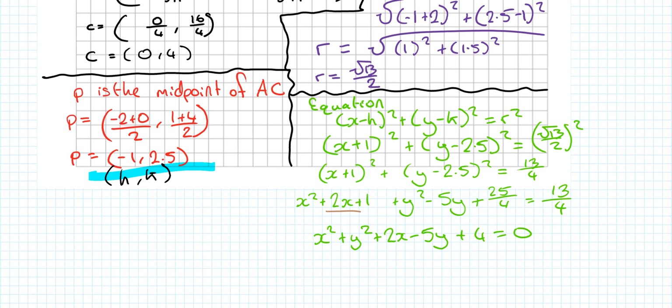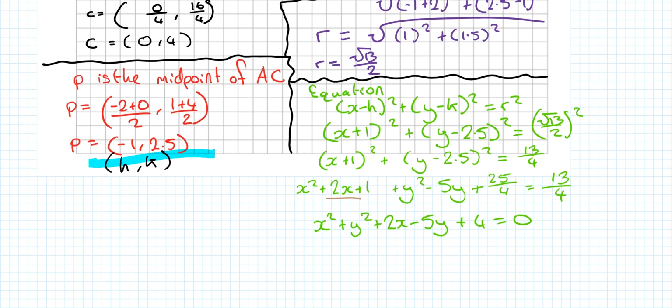I wouldn't multiply everything. I'd rearrange. So I have it as x squared, y squared, the 2x coming from there, the minus 5y coming from there, and the 25 over 4, it's going to be minus 13 over 4. If you put that into your calculator, it will give you 4, so it works out to be really nice.